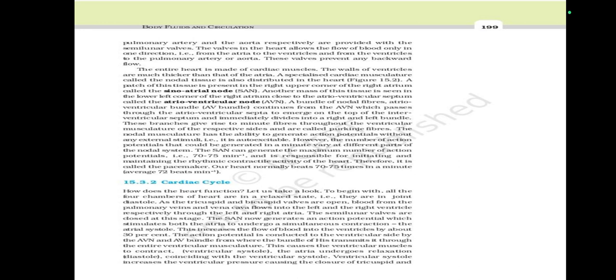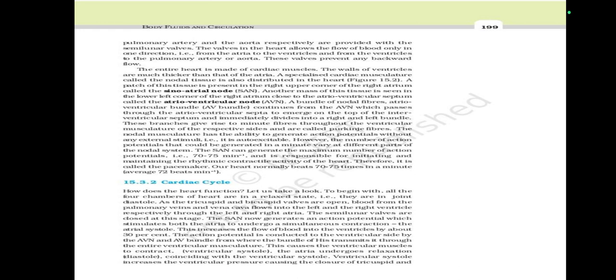The SAN generates the highest number, 70 to 75 per minute, and is responsible for initiating and maintaining the rhythmic contractile activity of the heart. Therefore, it is called the pacemaker. Our heart normally beats 70 to 75 times in a minute, average 72 beats per minute.